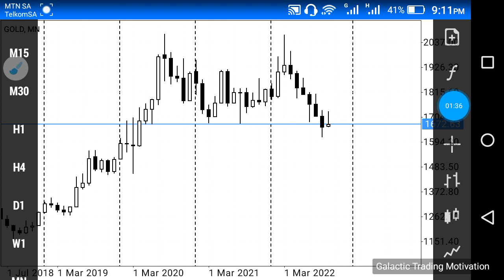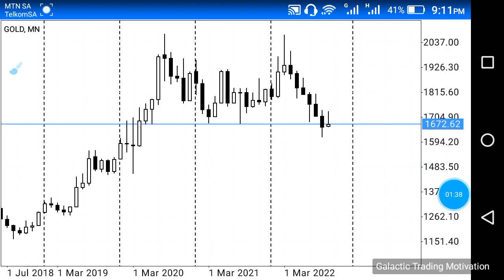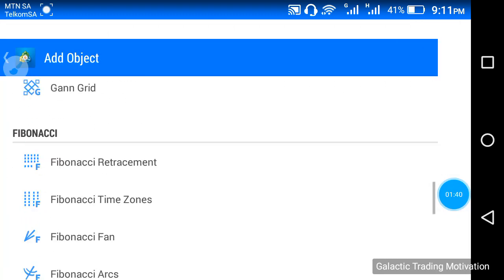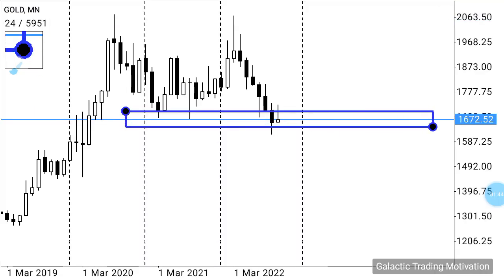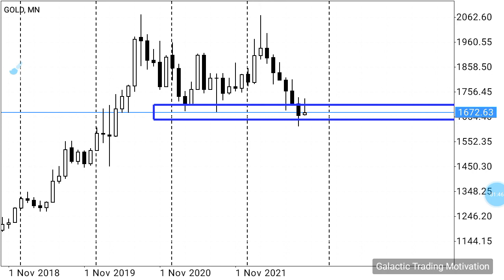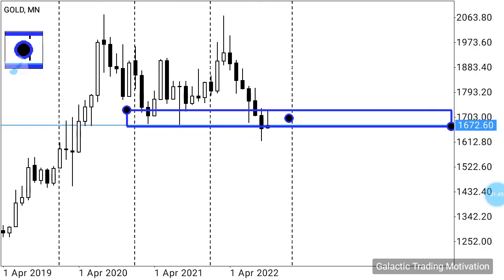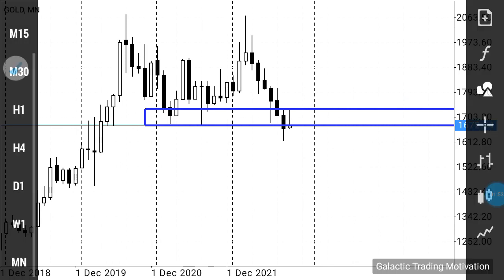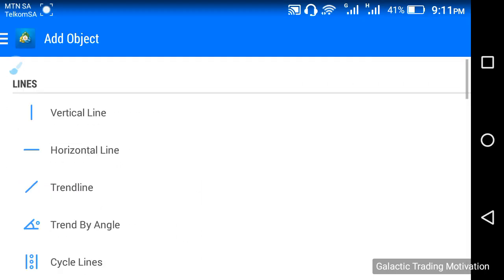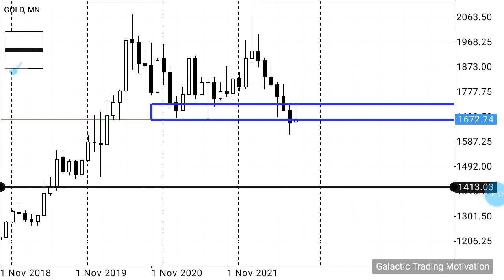So what I'm going to do now is just add a neckline to that M structure. So just bear with me while I do so. Let's see. So there goes our neckline of that M structure, and as I said, it has been broken to the bottom side. There we go. Right, the next thing that I'm going to do is to mark that liquidity candlestick, because it is also very much important.